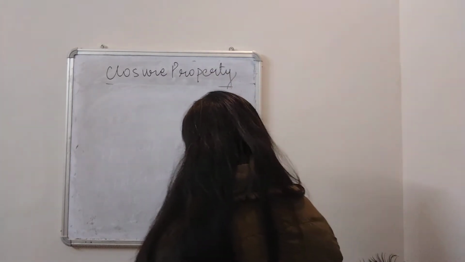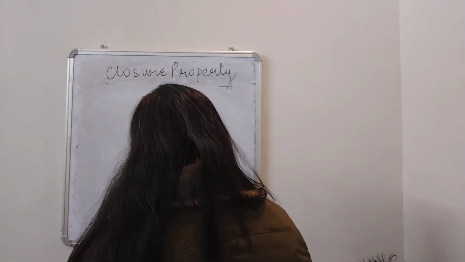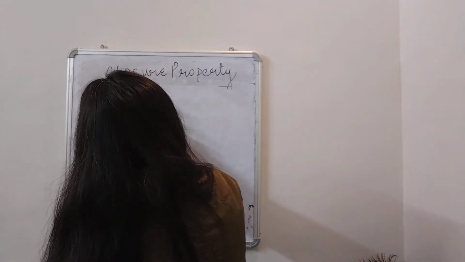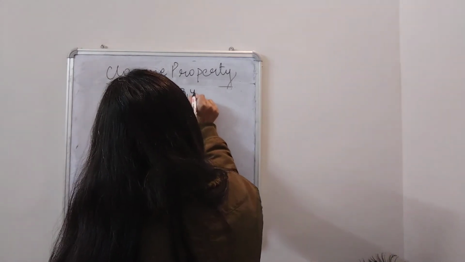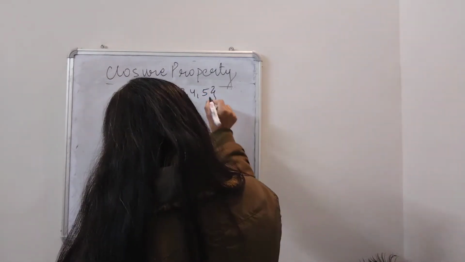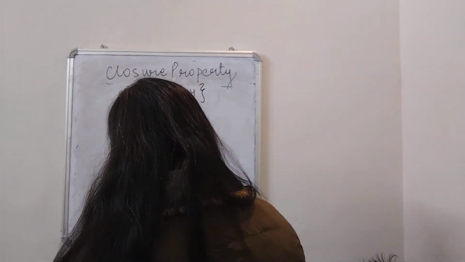We will see this through an example. Let us assume we have a set A having elements 1, 2, 3 and 4.